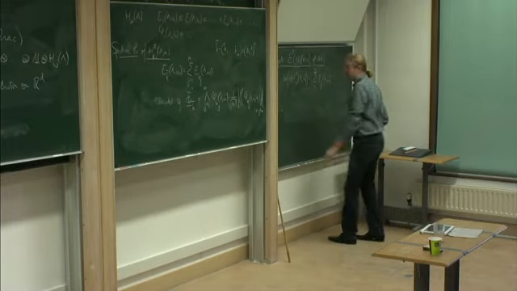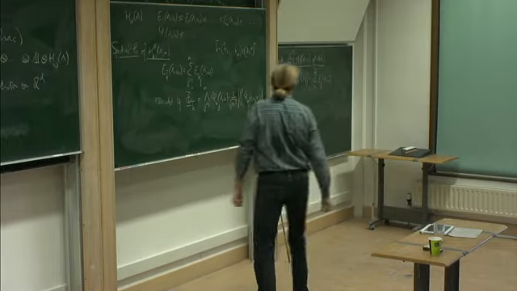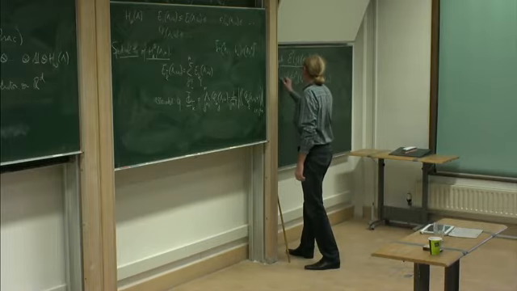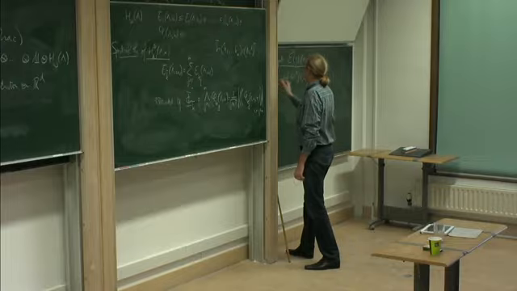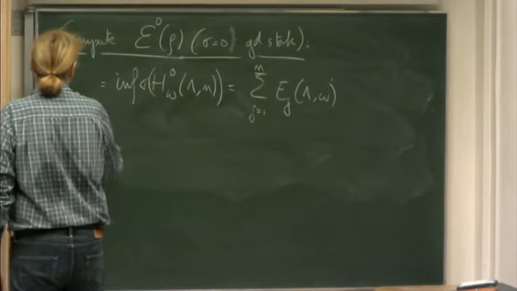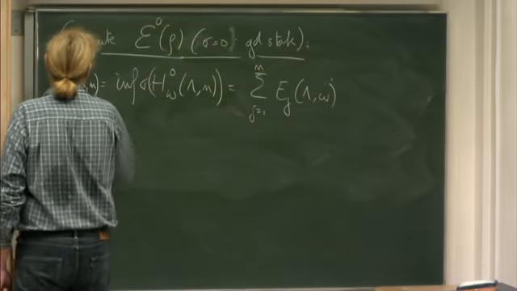Now, for the random operator, we can define its counting function. So this is what I call, to keep my notations as before, E_0(lambda, n).